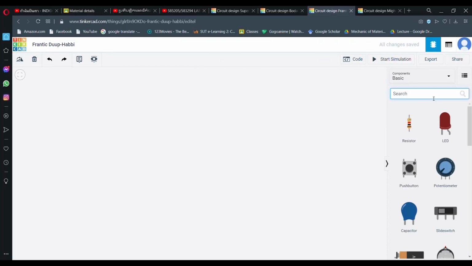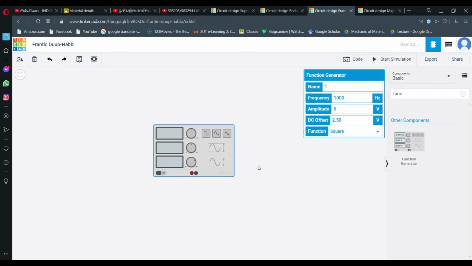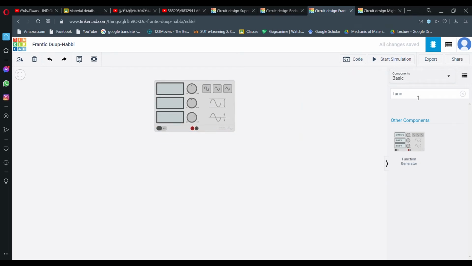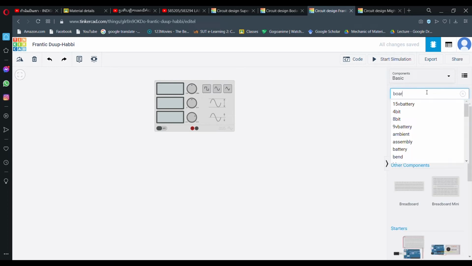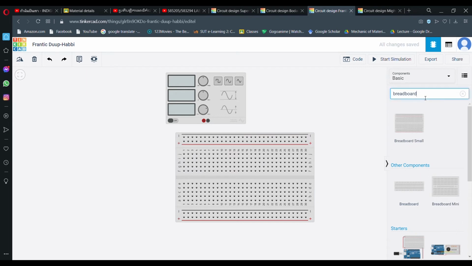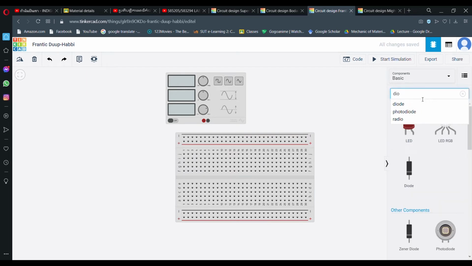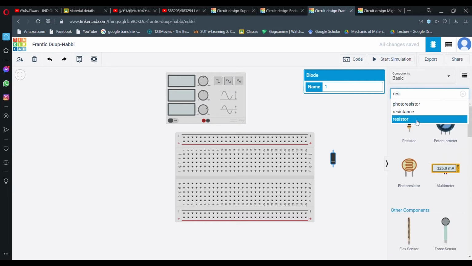So for part 3, we're going to need a function generator to make it AC, and we need a board, a diode, and a resistor.